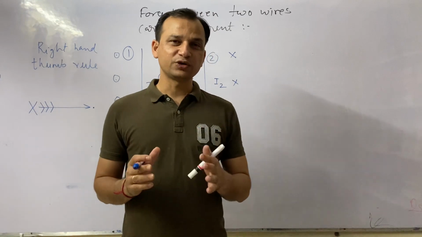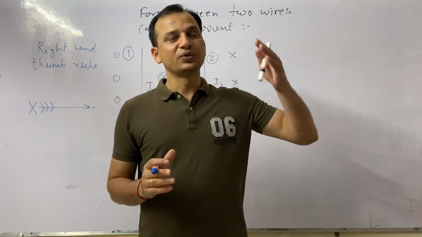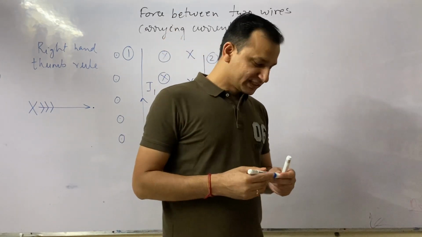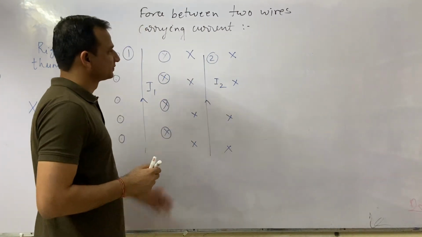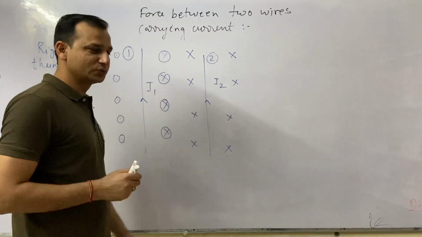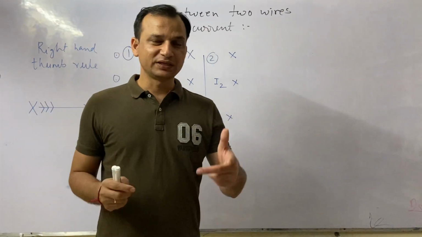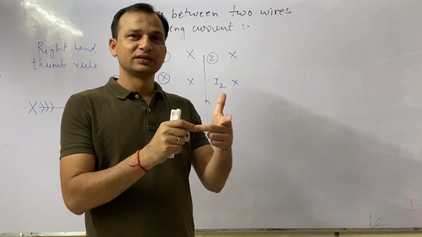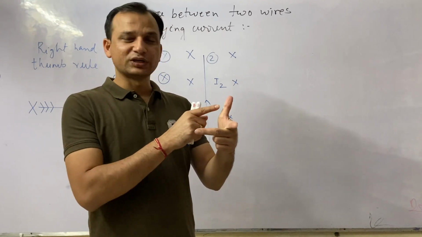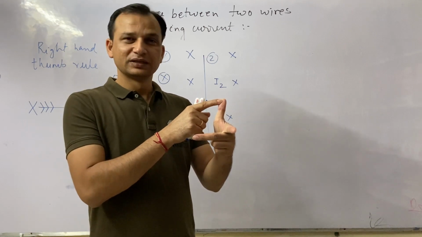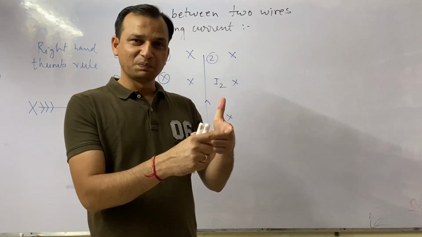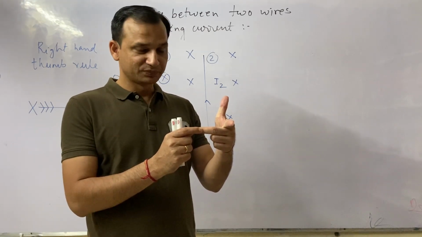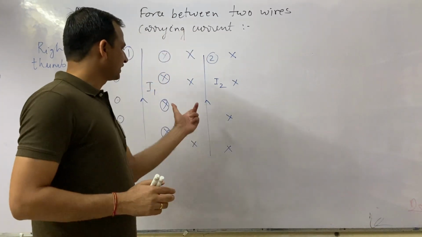Or if there is current flowing in a wire which is kept in a magnetic field, it will experience force. The same thing is going to happen with this wire 2. As I explained in the last class, father, mother and child, this notation I had used for force. Mother, magnetic field, C for charge or current, right? So the same thing we can apply here.